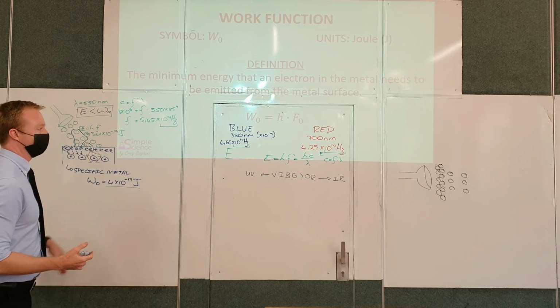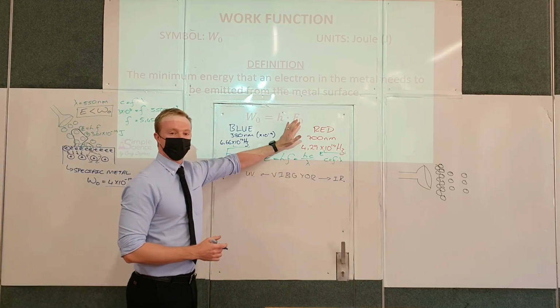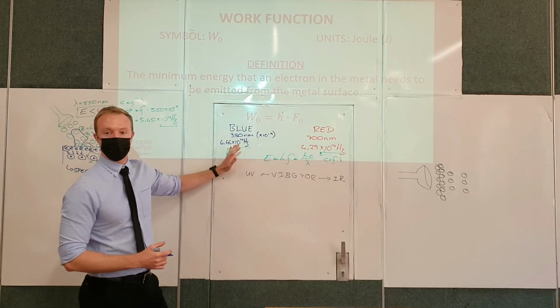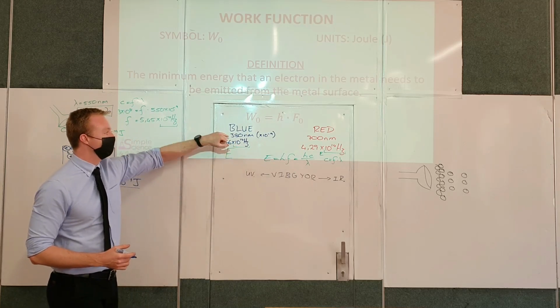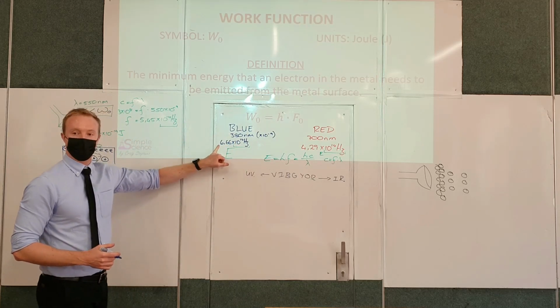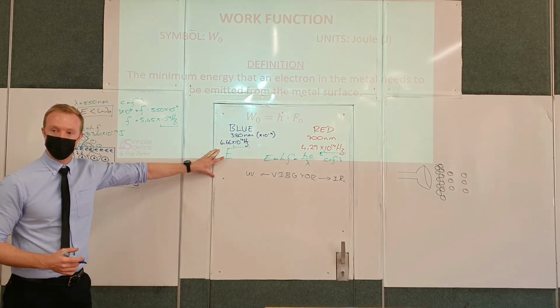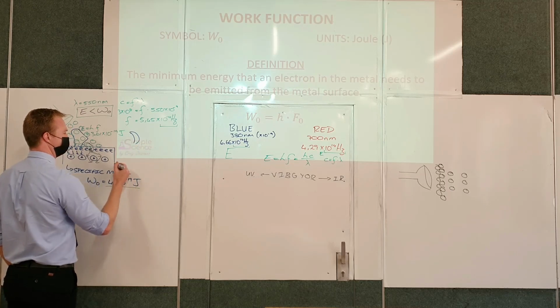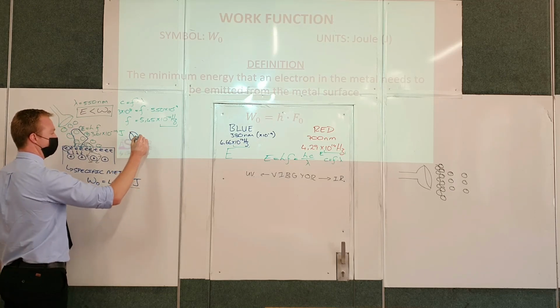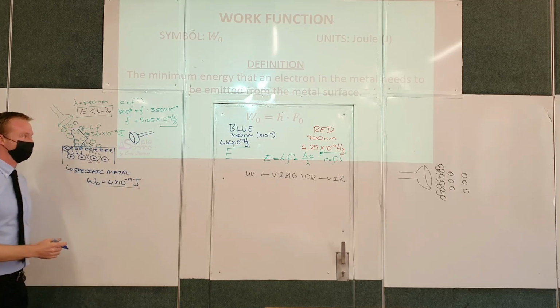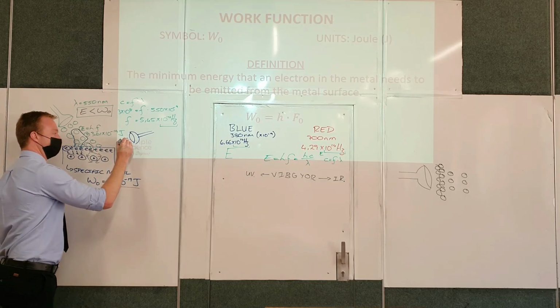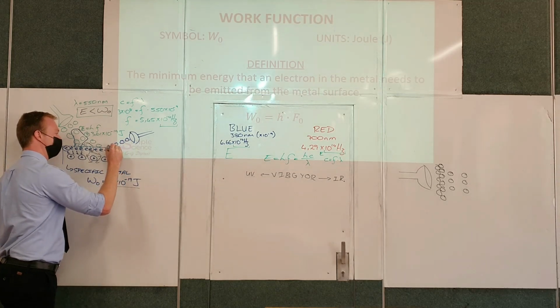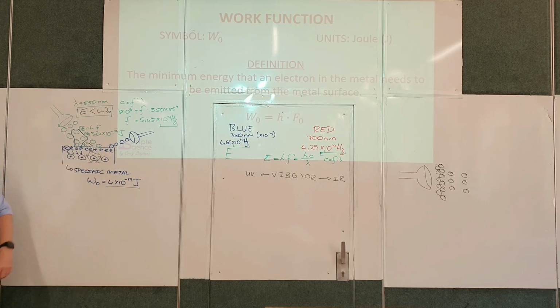So what we can do is say, well, I was in the green end of the spectrum, let's move to the blue end of the spectrum. Blue end again, shorter wavelength, higher frequency, therefore more energy. So now I'm going to shine a torch with blue light onto this metal surface.